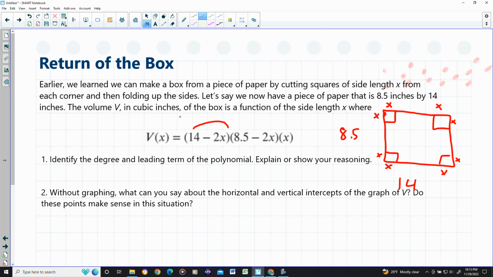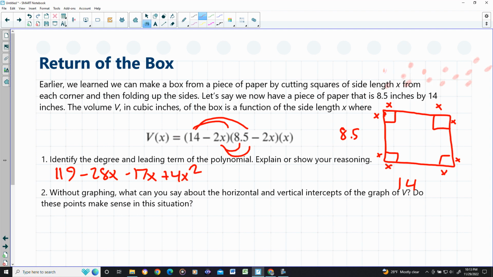Side calculator, 14 times 8.5, 119. Okay, so we have 119, minus 28x. 8.5 times 2 is 17, so minus 17x, and plus 4x squared.